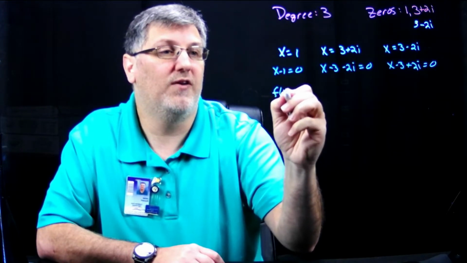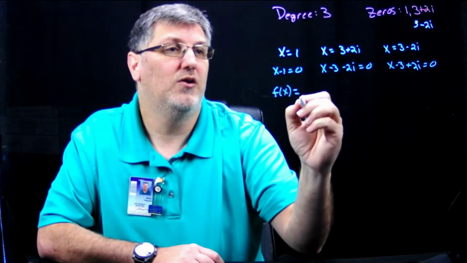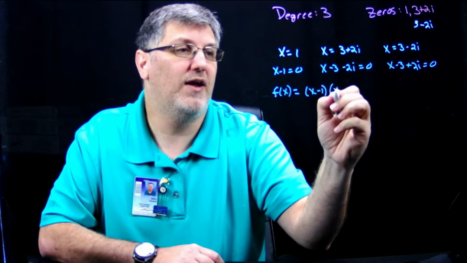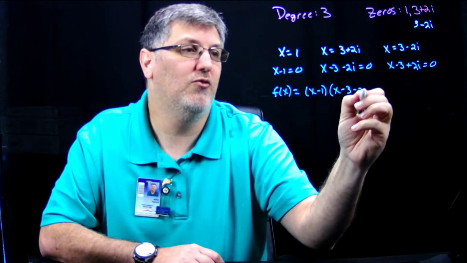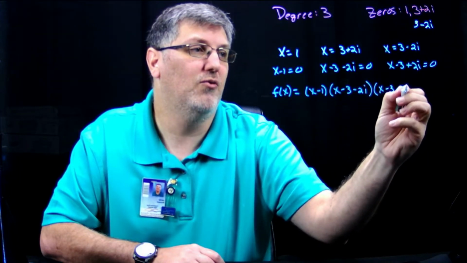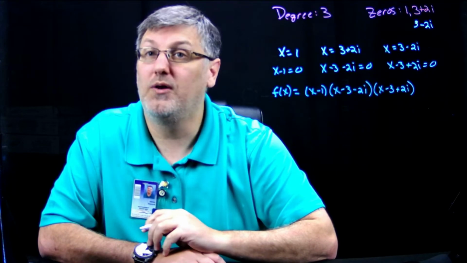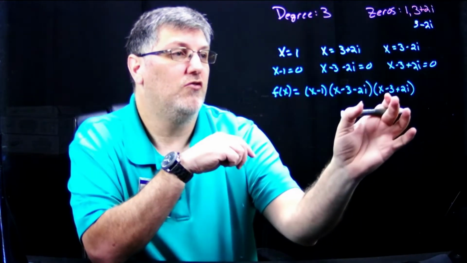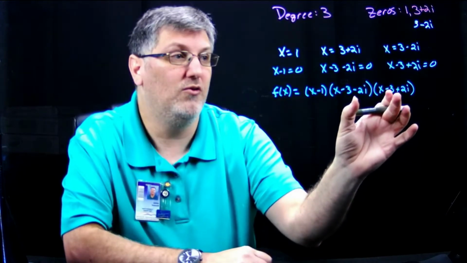All right, now we just simply do f of x equals, well, let's do this. We've got our x minus 1, we have x minus 3 minus 2i, and then we have x minus 3 plus 2i. Well, we need to expand. Your good rule of thumb, do the complex part, do the imaginaries first.